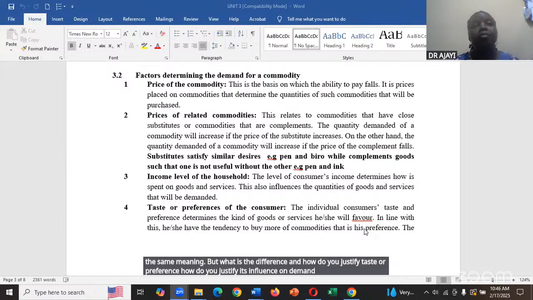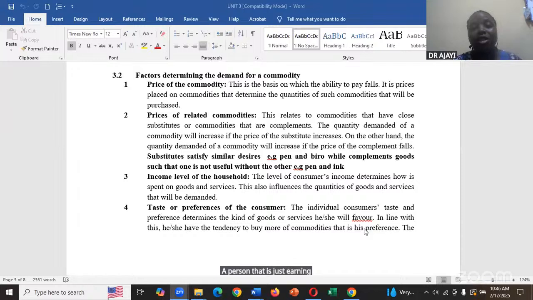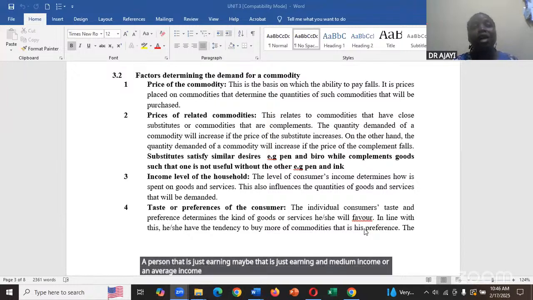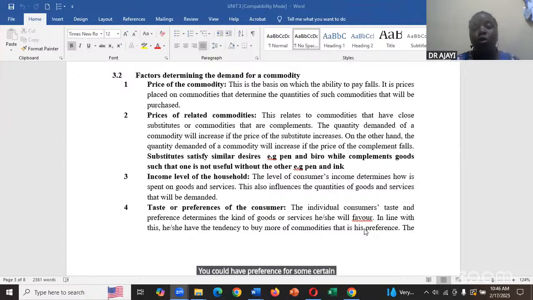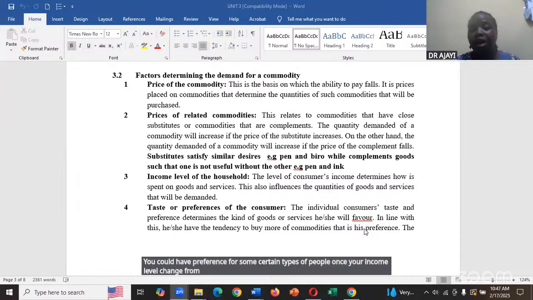If I ask a person that is just earning a medium or average income, you could have a particular taste or preference for certain types of food, but once your income level changes from average to maybe earning more, it could indirectly influence or affect your taste or your preference.